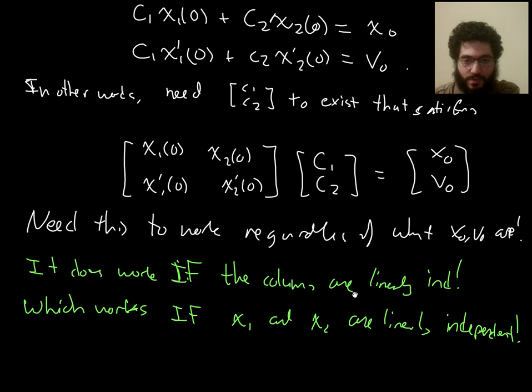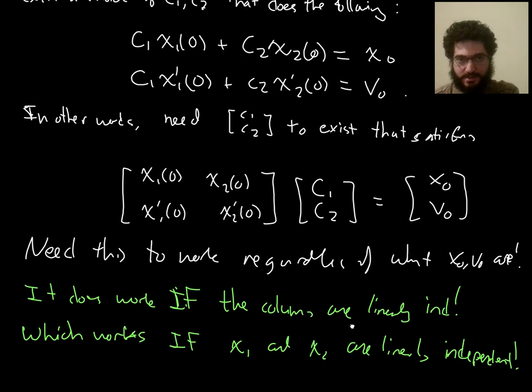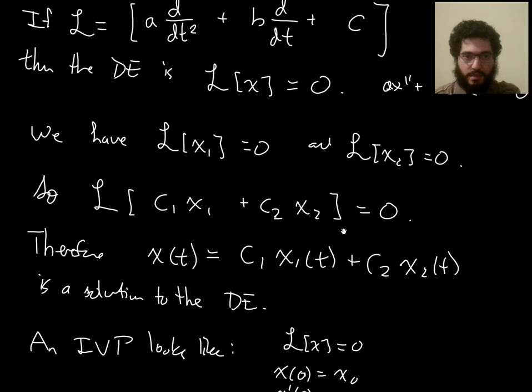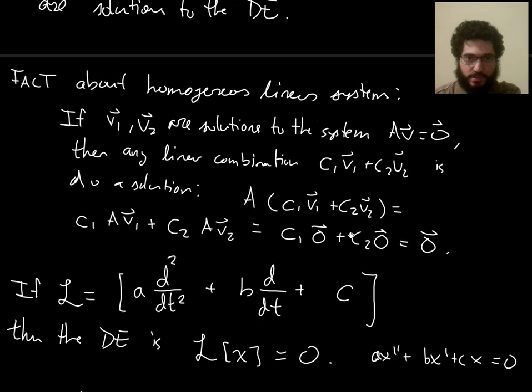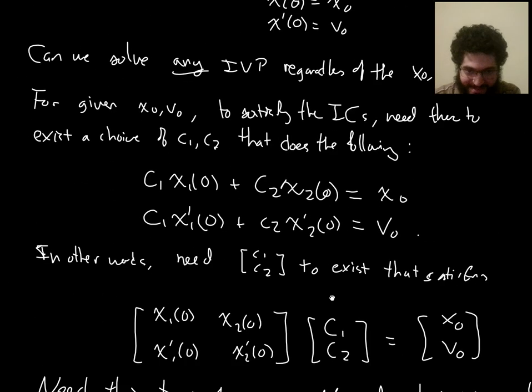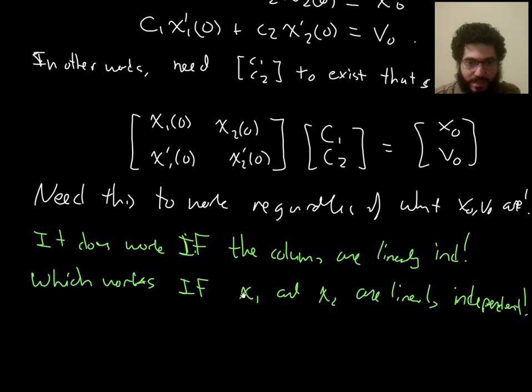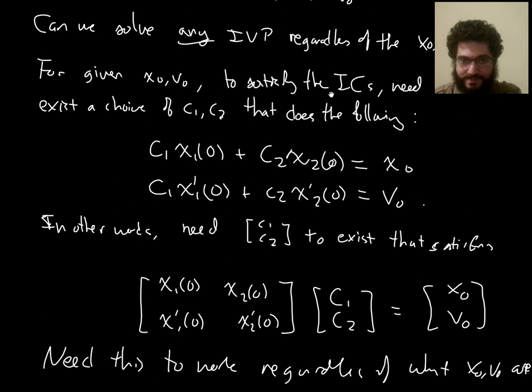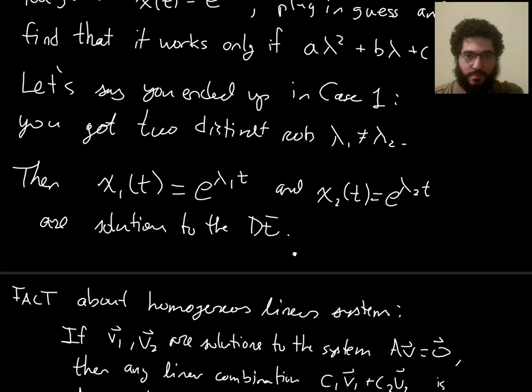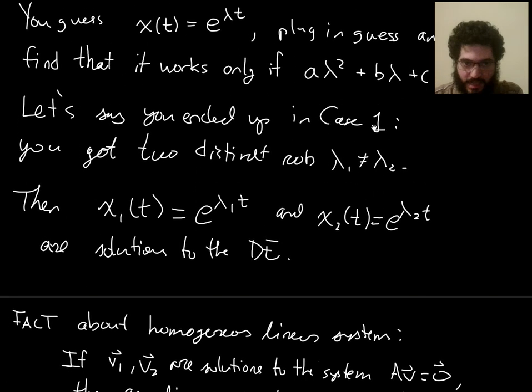Okay, so this was all kind of a general discussion. We reduced the question to: everything works if x1 and x2 are linearly independent, right? It turns out that in case 1, where you have distinct lambda 1 and lambda 2, they are linearly independent.